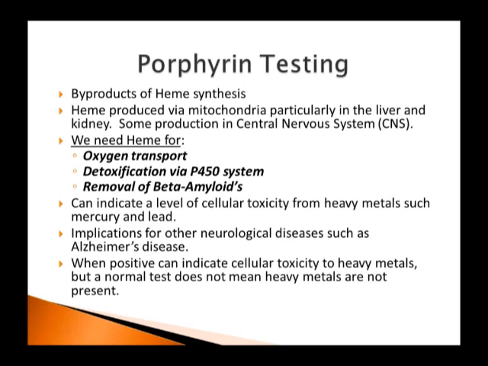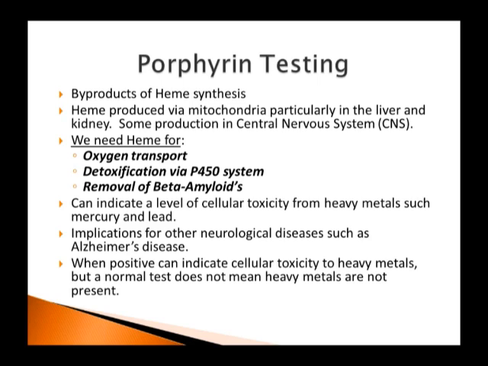Heme is what becomes hemoglobin in our cells to carry oxygen. Heme is also part of the P450 detoxification system in our liver. And it turns out that heme is also involved in helping to remove beta amyloids, which is something that is seen cumulative in individuals with Alzheimer's.